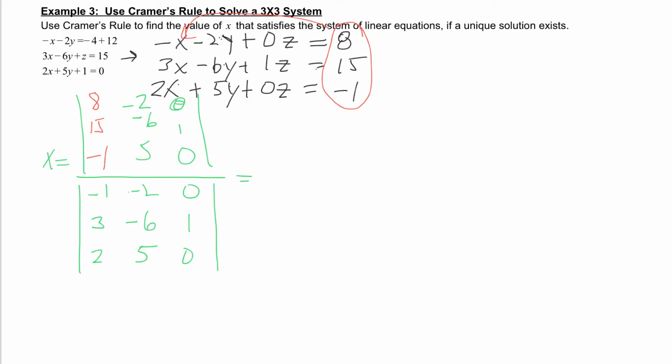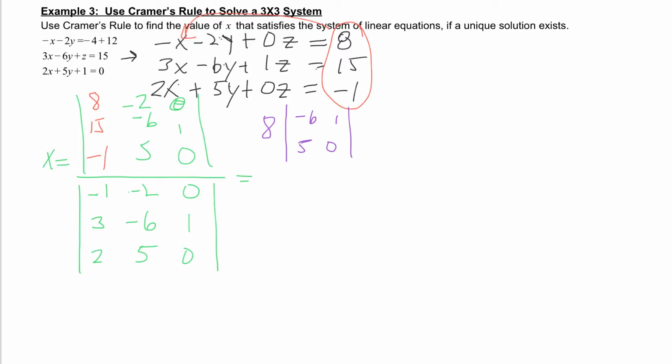And now what I need to do is find the determinant of these 3 by 3s. So thinking back to our patterns from before, to find my determinants, I'm going to start with my 8 here. That's going to be the number out in front. And I'm multiplying that by the determinant of, remember I crossed these out, these 4 numbers. So negative 6, 1, 5, and 0.